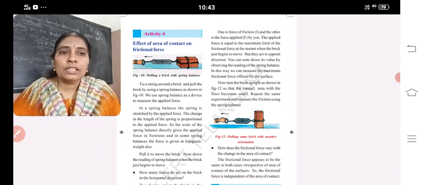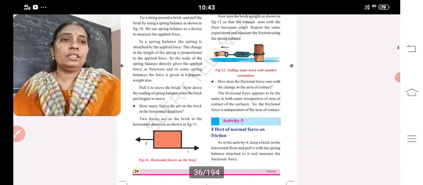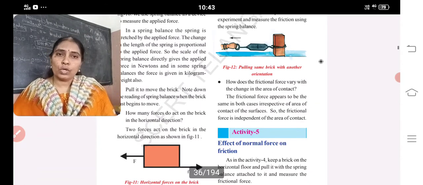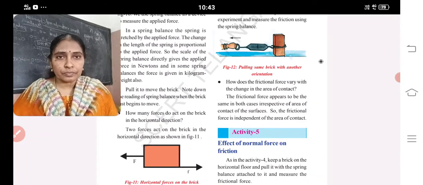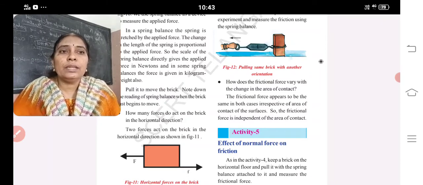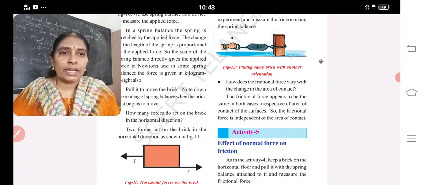They are pulling with the spring balance. In which case will the effect be more, with more area of contact? So what can we conclude from this? Frictional force is independent of the area of contact. Whatever the position, if you pull the object, the same force is needed. Independent means it's not dependent on the area of contact.